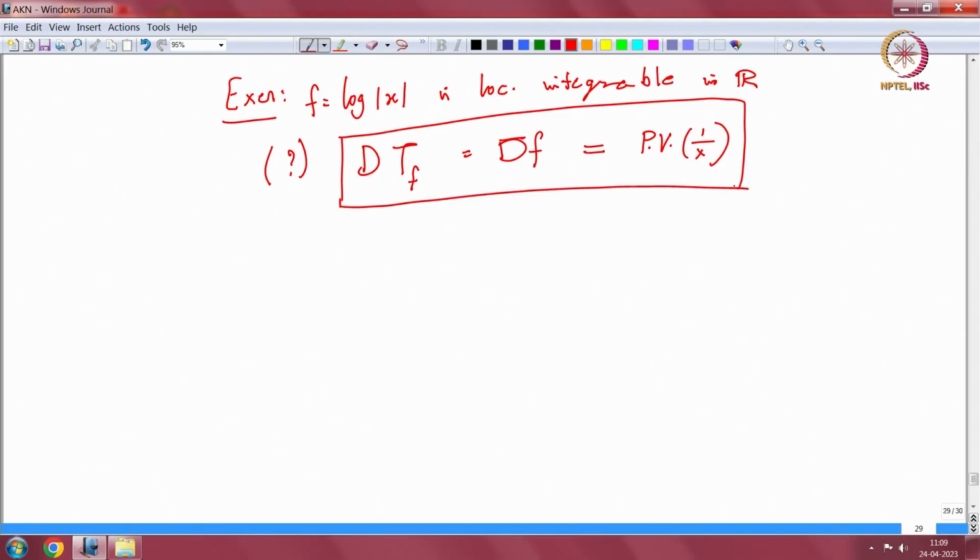So, this is one way of proving distributional derivatives. Now, proving that PV of 1 by x is a distribution involves a little work, but we can prove that Df equals PV of 1 by x, where f is log|x|, because it is locally integrable, it indeed defines a distribution, and every derivative is a distribution.